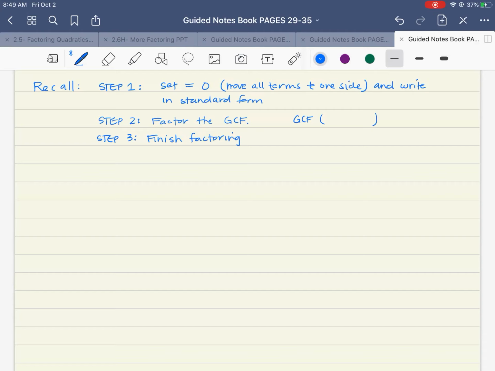So we finish factoring if it's a trinomial. So that GCF is still out front, but now we broke down the trinomial a little bit farther, so it looks like this. And then if we're solving, then we identify the solutions. That would be your last step: state the solutions.